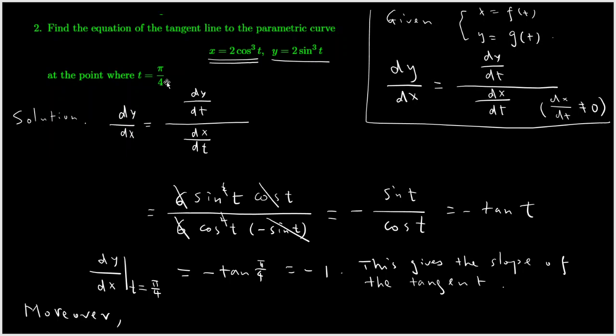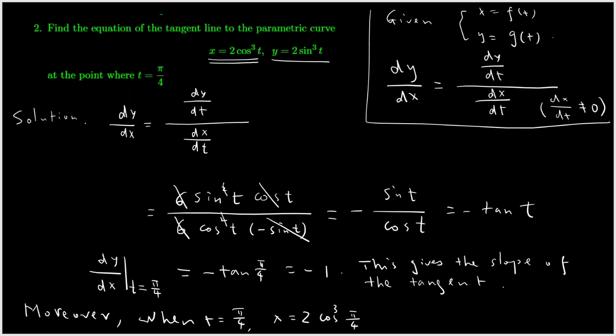Okay, this is the point determined by t value of pi over 4. Moreover, when t equals pi over 4, we have x equals, now let's say 2 times cos of pi over 4, the whole thing cubed, right?